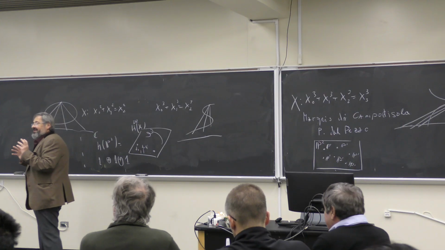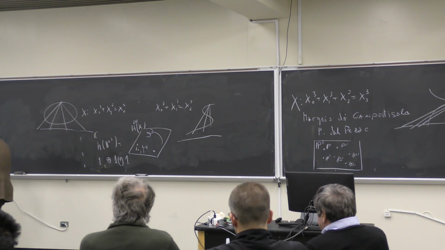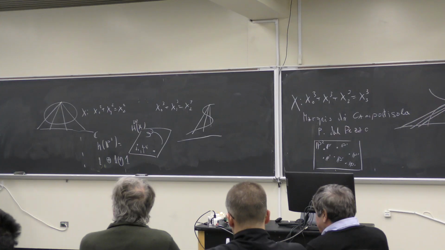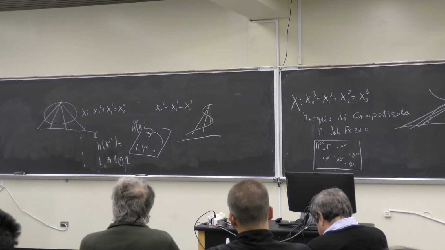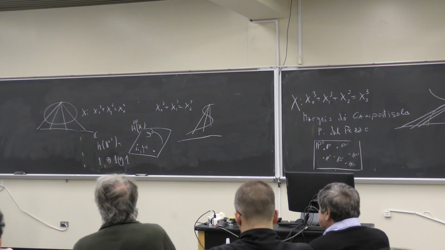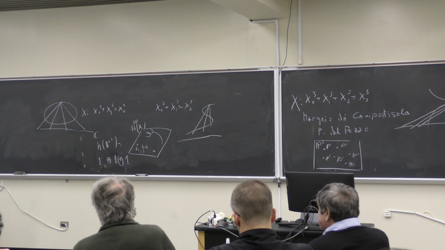Actually, I didn't mention this, but this is also very good for studying questions about non-rationality over fields with non-trivial transcendence degree. And then this theory enters really the game.